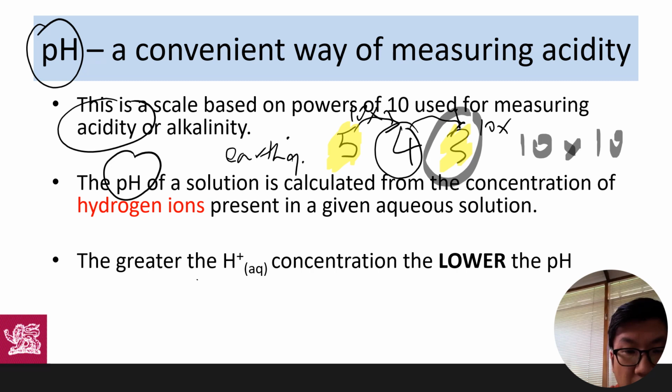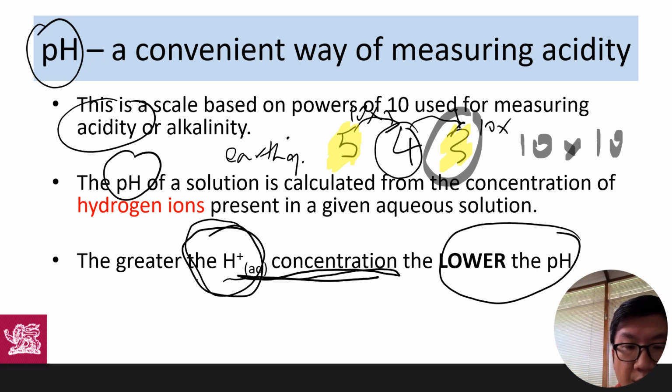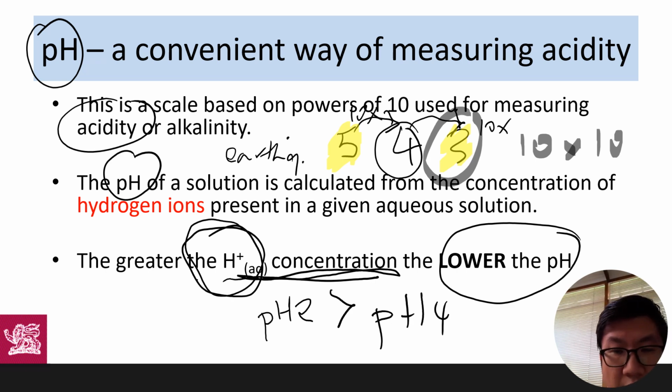Inverse meaning the bigger the concentration of hydrogen ions is, the lower the number we use for pH. So a pH 2 acid is stronger than a pH 4 acid.